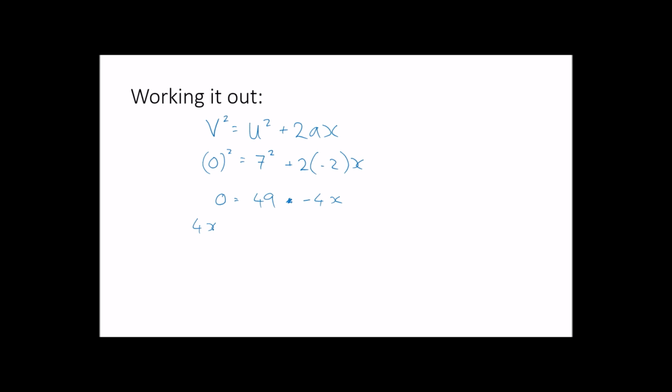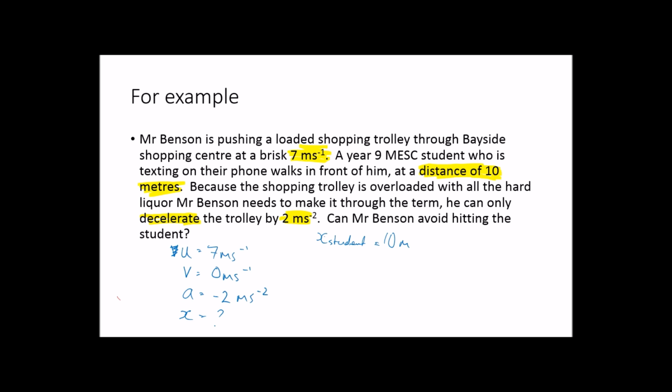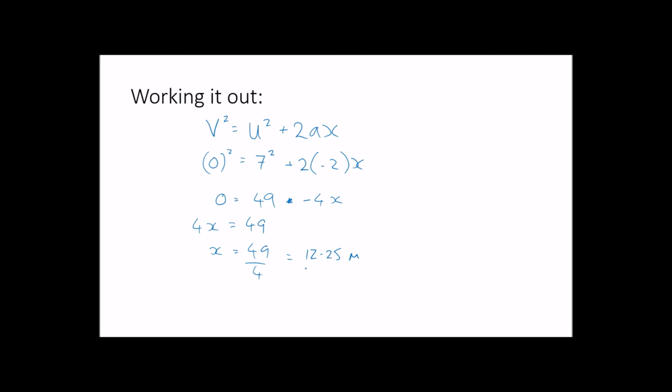The 4x can go on that side, equals 49. X is going to be 49 over 4, which is 12.25 meters. Now, the significant figures in this one are pretty mangled because I haven't given enough information here. So it would probably be reasonable just to put that at 12 meters to two significant figures.